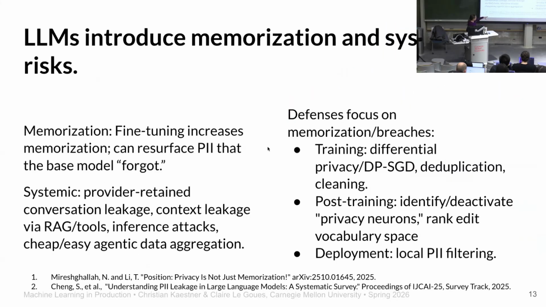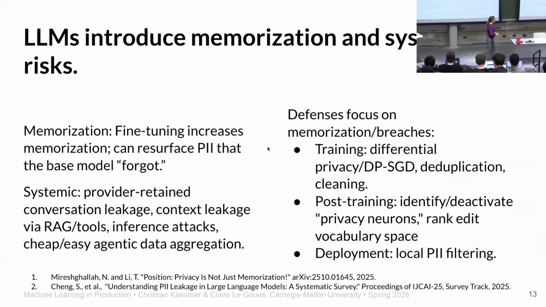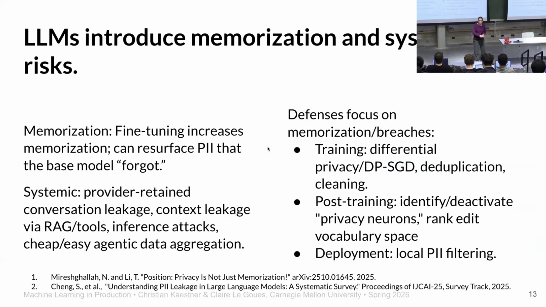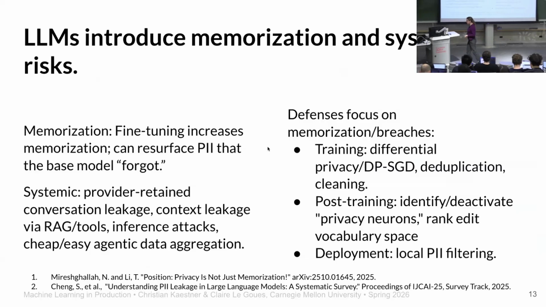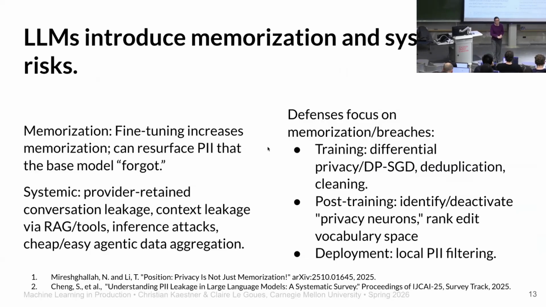And I think you might notice a theme: if you want to think about where these interventions are being interposed, there are different systemic risks that are introduced by large language models. The one that everyone's most familiar with, or thinks about first, is related to memorization. Namely, large language models will memorize and then regurgitate things.